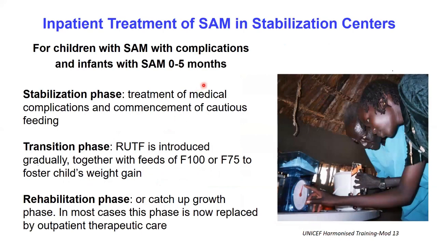For inpatient care, all health facilities up to health center 4 are supposed to have a corner for managing children with complications or infants. We treat them cautiously, and the first phase we call stabilization, when we treat mainly complications with cautious feeding.